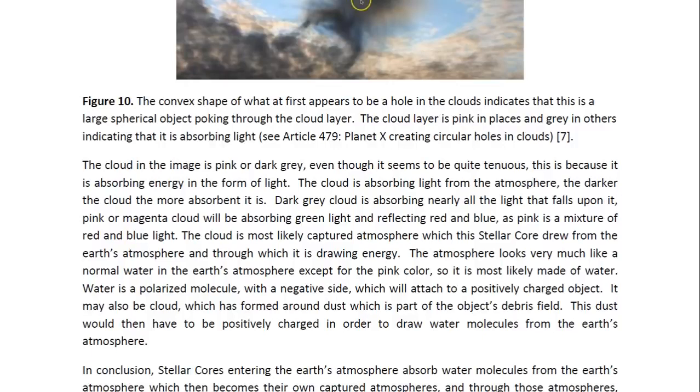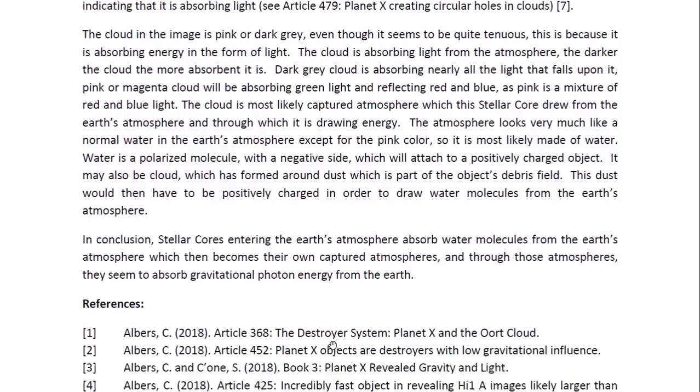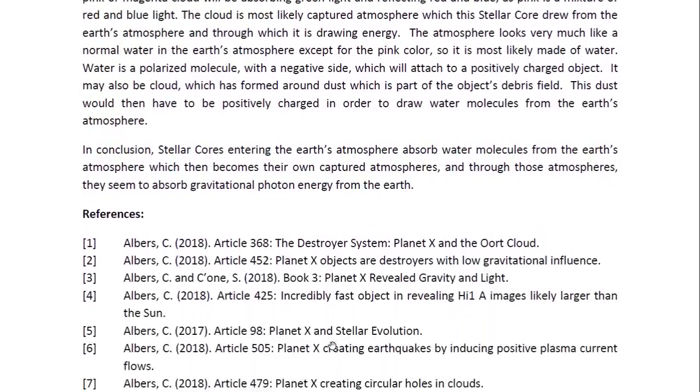It may also be cloud which has formed around dust, which is part of the object's debris field. This dust would then have to be positively charged in order to draw water molecules from the Earth's atmosphere. So in conclusion, stellar cores entering the Earth's atmosphere absorb water molecules from the Earth's atmosphere, which then become their own captured atmospheres, and through those atmospheres they seem to absorb gravitational photon energy from the Earth.